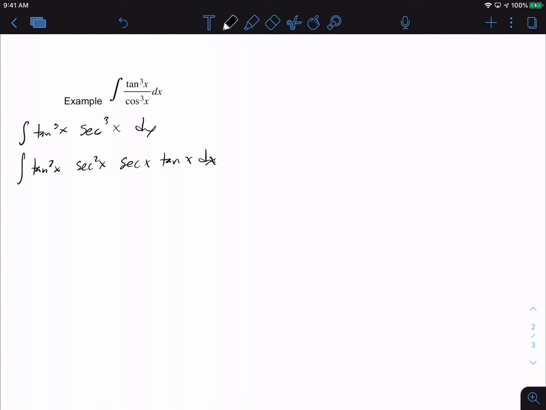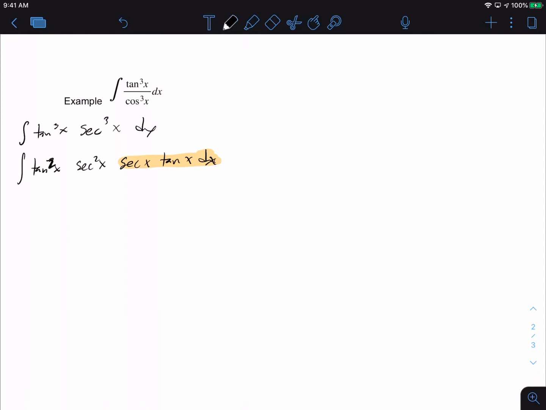And then to attack this problem, what do we do? What would you do? Would you use u substitution? It would be a u sub. What would you want to use as your u sub? Secant squared? Close. Just secant, right? Because if you use just secant, the derivative of secant would handle this piece here for us.